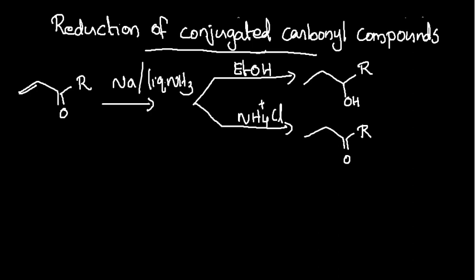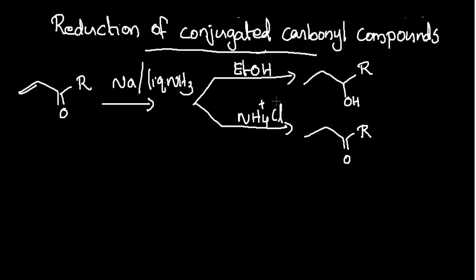Next is reduction of conjugated carbonyl compounds. Here, this is an alpha, beta unsaturated carbonyl compound. When it is treated with sodium in liquid ammonia, based on the proton source, it will give different products. If the proton source is ethanol, we get an alcohol.